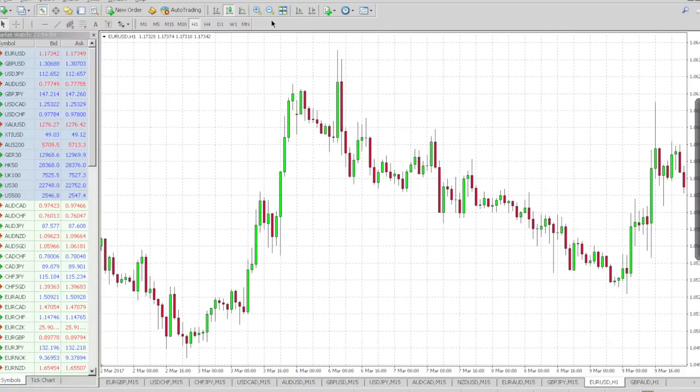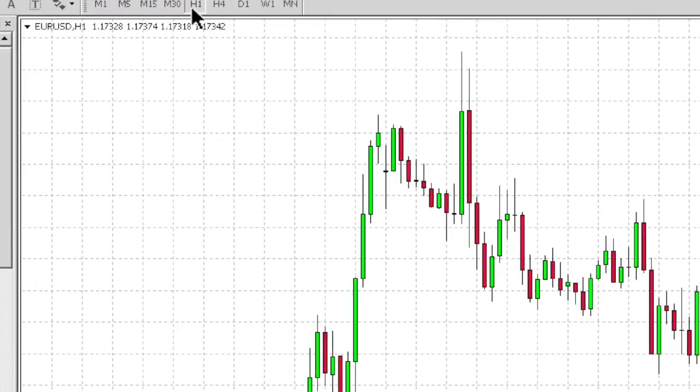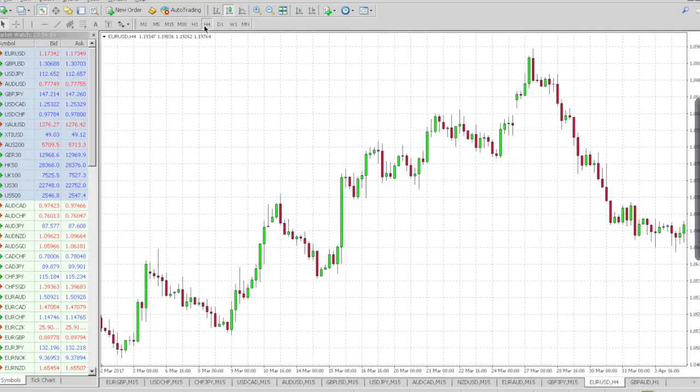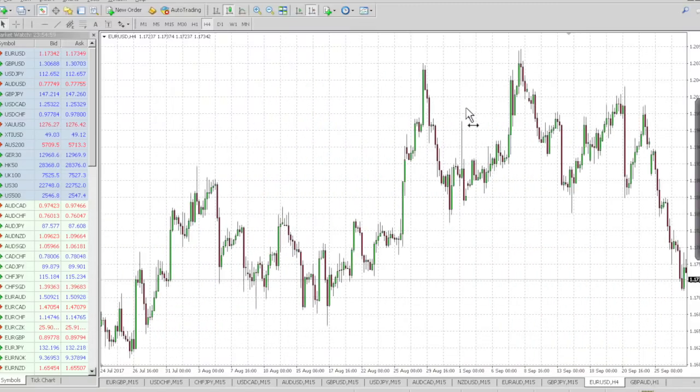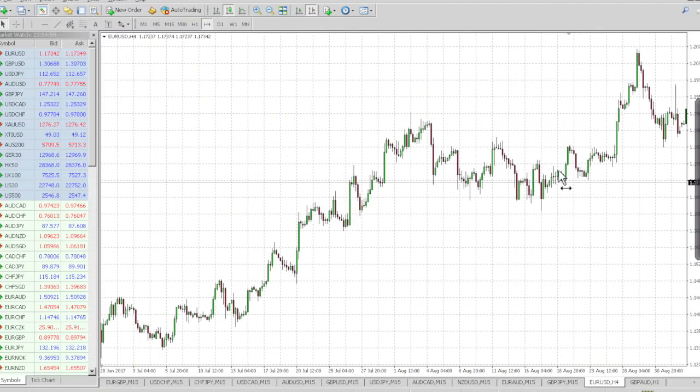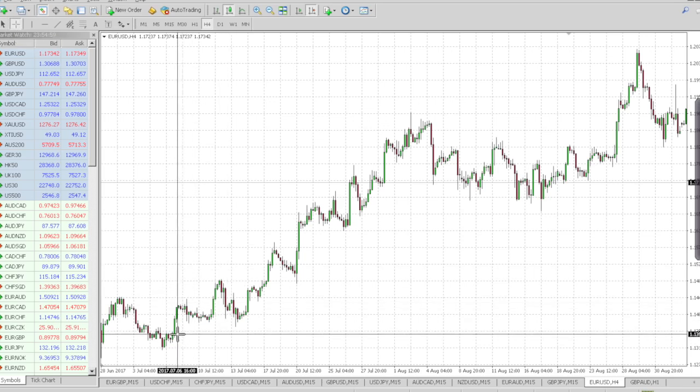So as a swing trader, you can look at the hourly candles, 1 hour or 4 hour candles, where each candle represents 4 hours. A swing trader may take a slightly longer trade. For example, they may trade from here.